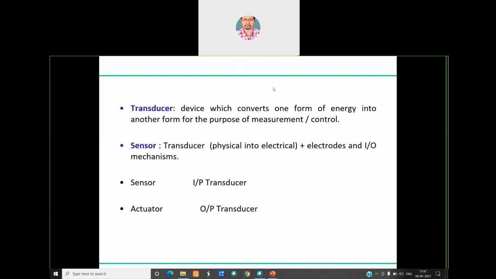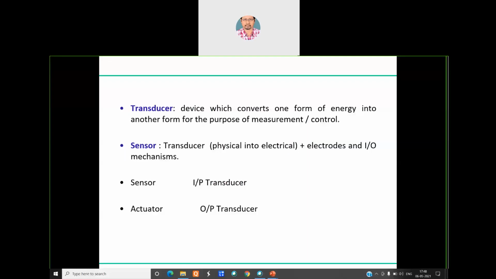So in continuation to this lecture series, we have discussed how to define the transducers, and then we tried to standardize the transducer term as per the international standard ISA.